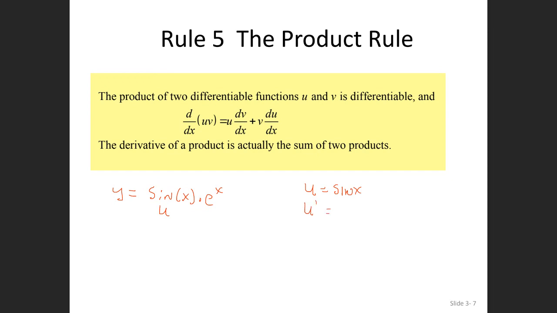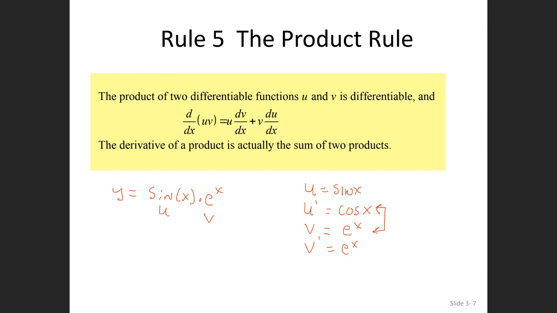Well, the derivative of the sine of x is cosine of x. Okay, and then the other function is v. So v is e to the x, and then you take the derivative of that. So that's e to the x. Now, if you do it this way, u prime, v prime, then your answer is you multiply the two inners together.